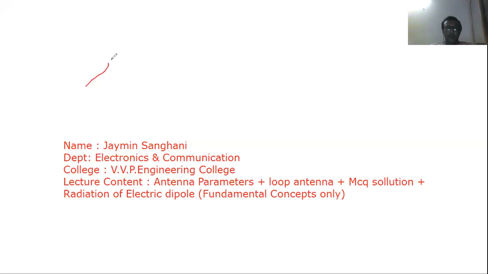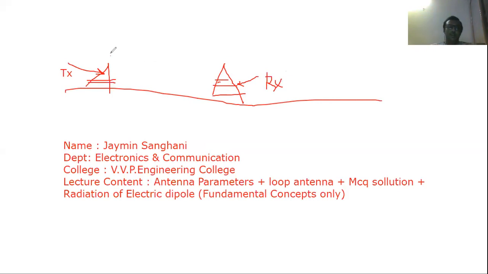Assume that this is the transmitting antenna, TX, and here assume that it is RX, the receiver antenna.